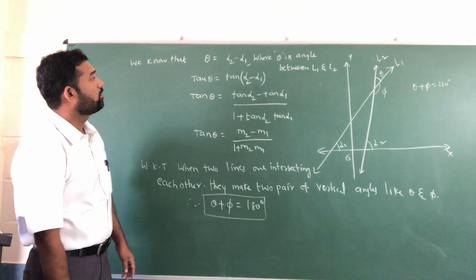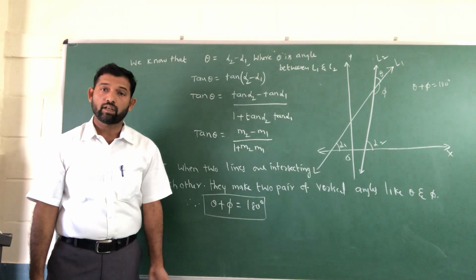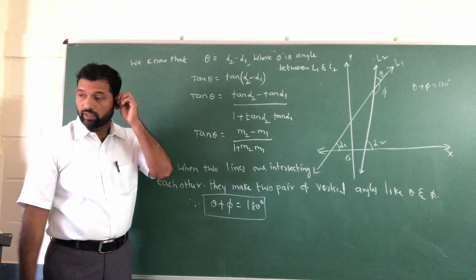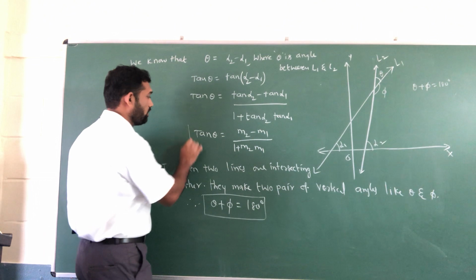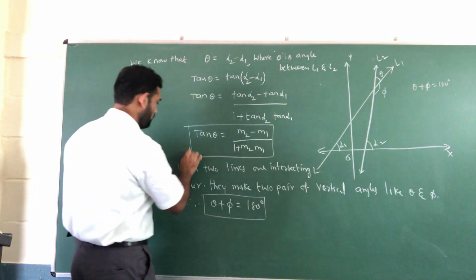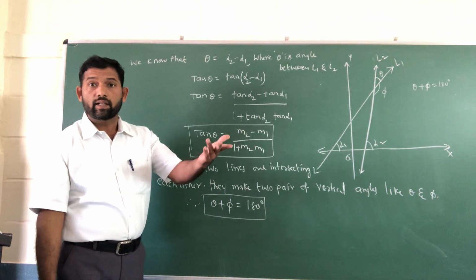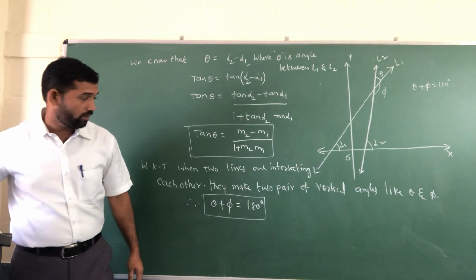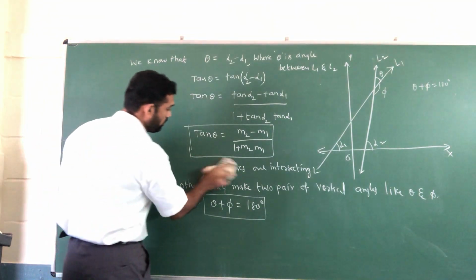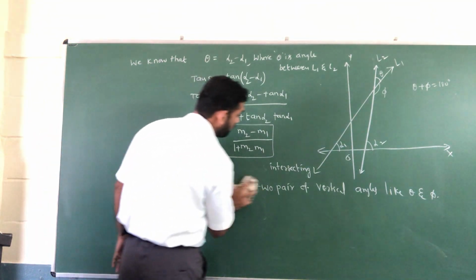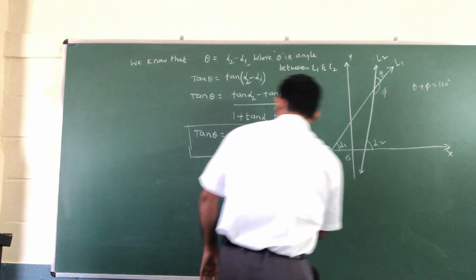So theta is equal to alpha 2 minus alpha 1. After that, this is one angle and another angle is also there. Another angle is phi.